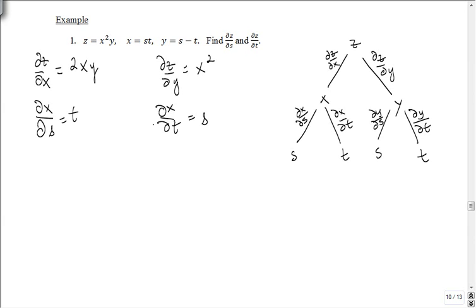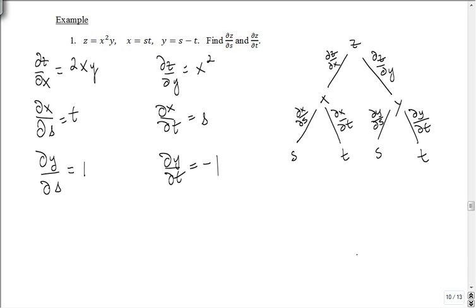S. Let's go to the y's. Give me partial y with respect to s. What's that? With respect to s. 1. Give me partial y with respect to t. -1. Okay. Let's bring them all together.